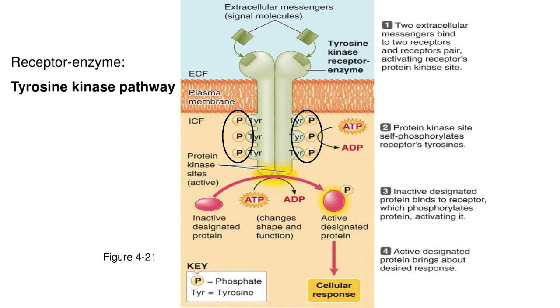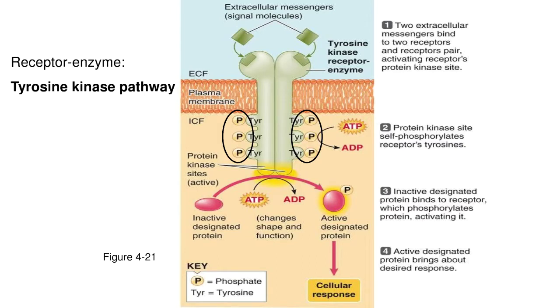If only one binds, then it's not going to activate the inside of the cell. This is one way that our body uses to just kind of control how quickly a response occurs. And so you can imagine that if there's not enough of the signaling molecule produced, whether it's the hormone or the paracrine, whatever it is, then you're not going to get a response. So what we want to do is wait until we have enough of this hormone produced, so it kind of slows down the response time a little bit.